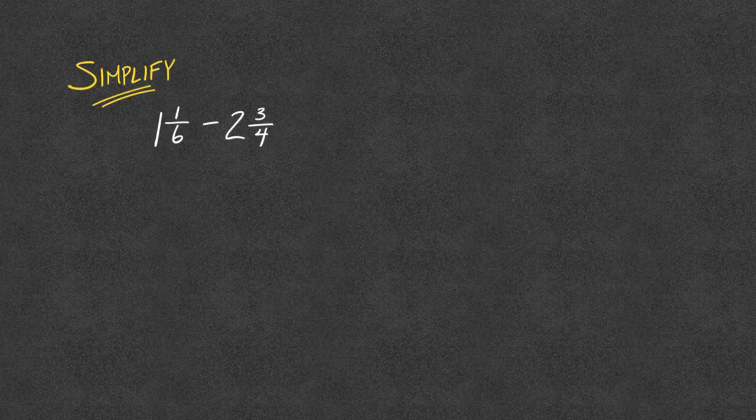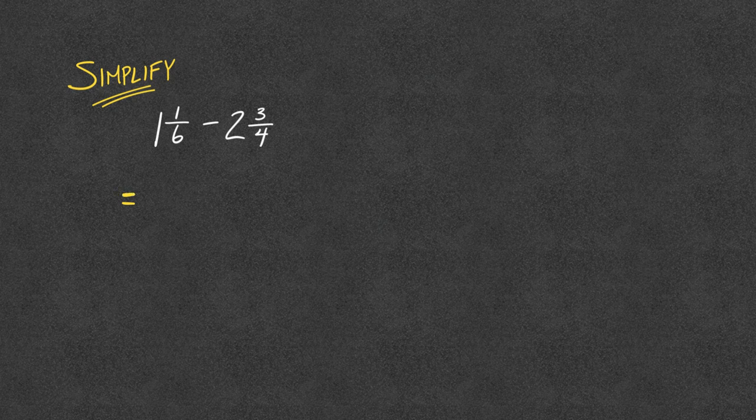So what you see up in the top left is our subtraction of mixed numbers. If we were to try to do this operation while maintaining our mixed number form, then we have to deal with it as two operations. We're going to deal with the subtraction, but in two parts.